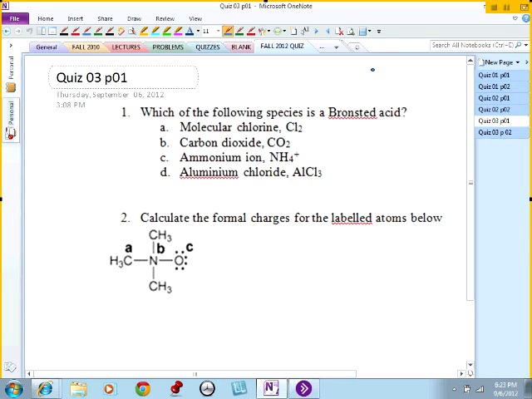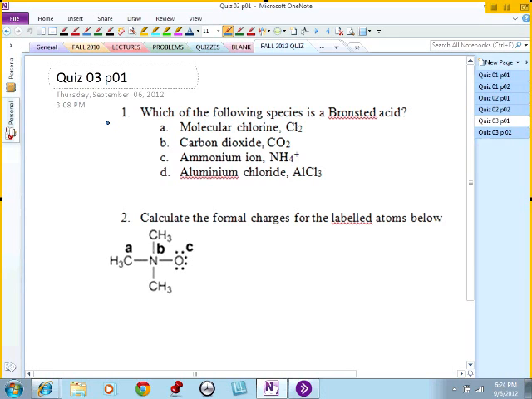Let us see who's going to read this. Janisha, go ahead and read this first. Which of the following species is a Bronsted acid?